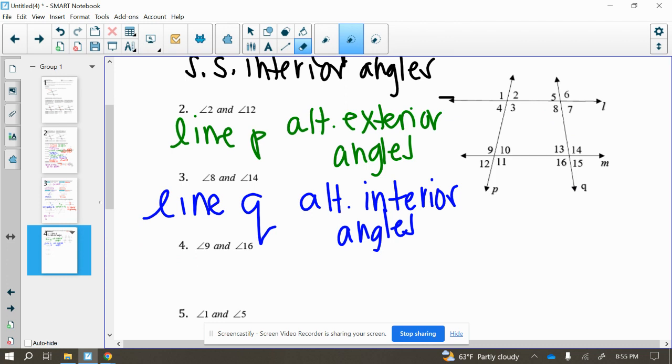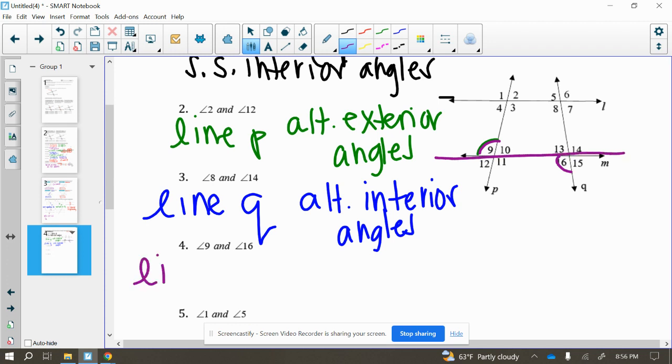Angle 9 and angle 16 are kind of interesting because if we look at angle 9 and then angle 16, notice there's not a direct relationship. Our transversal is line M, but these are not both on the interior or the exterior, and they're not corresponding. They're not in the same spot. So there's no direct relationship.